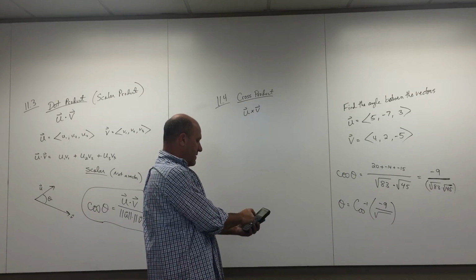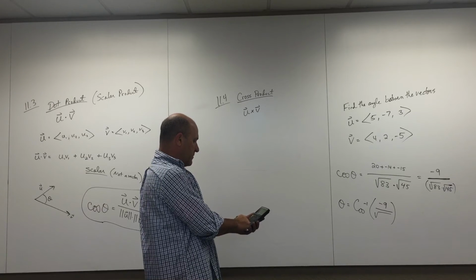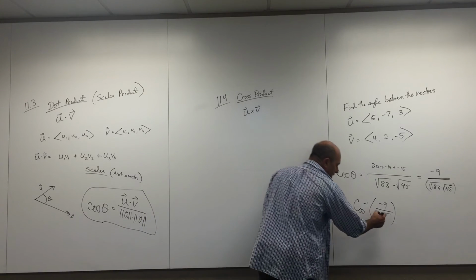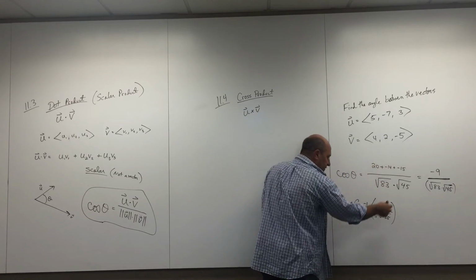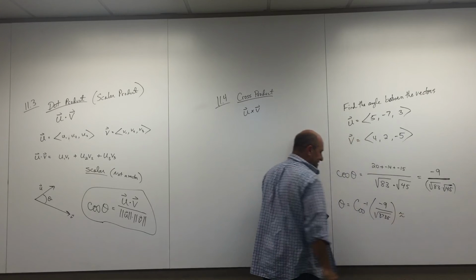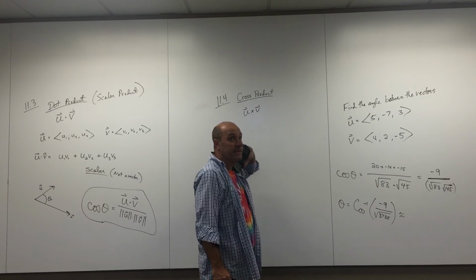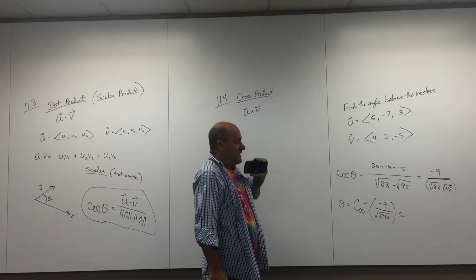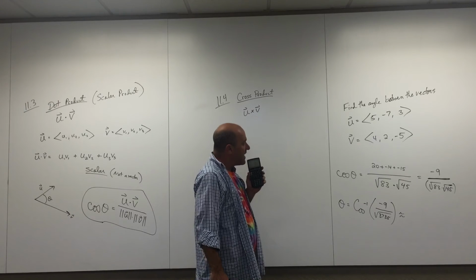Okay. You multiply those numbers. 83 times 45. 3735, right? You get your calculator. But anyway, here we go. What does my calculator say about the cos inverse of that number? Gotta do that radian, right? Well, I like degrees.